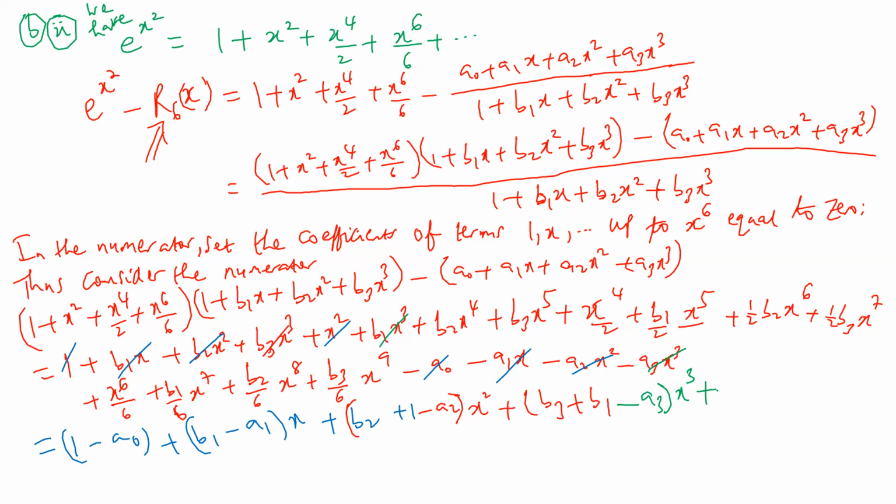Right, so we continue. Now the x to the fourth power would have b2, this one, x to the fourth power plus 1/2.